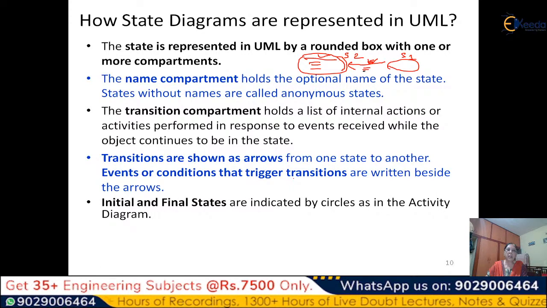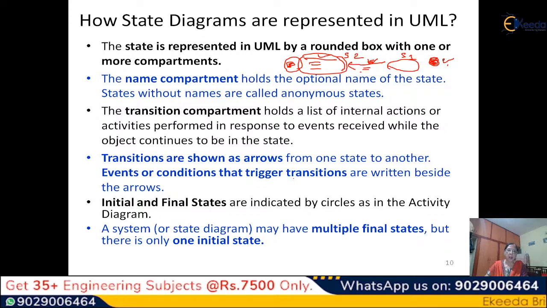Initial and final states will be indicated by circles, just like in some other diagrams we have seen. There will be a closed circle, or something like this, for denoting the end. This will be the start. A system may have multiple final states.